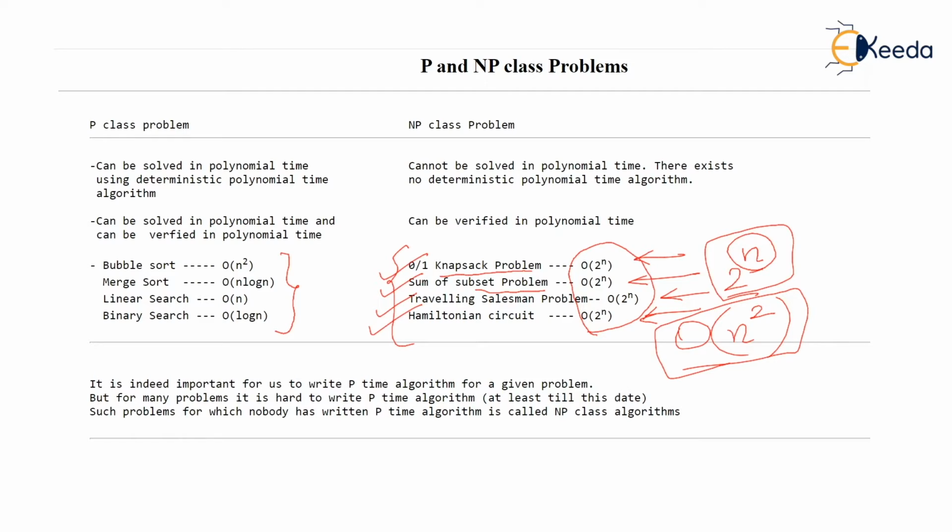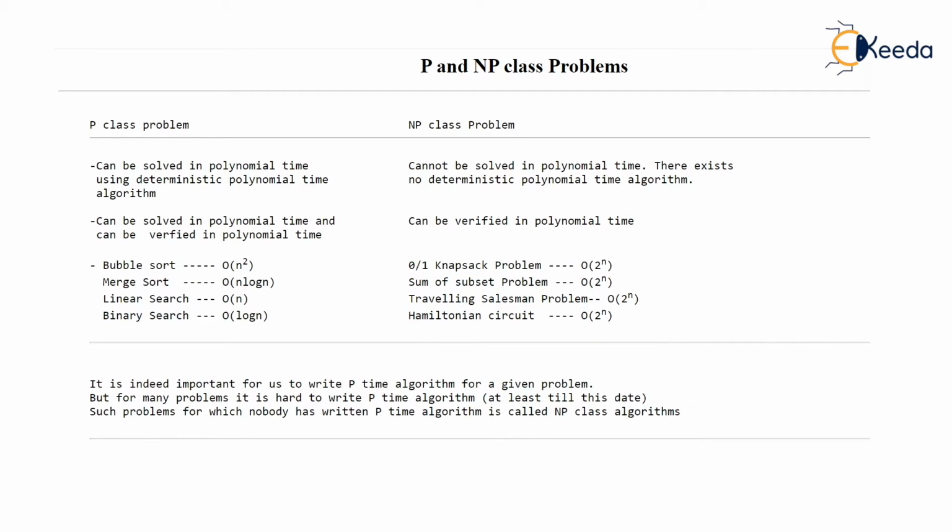The time complexity of 0/1 knapsack, if you use the dynamic approach, recall the dynamic algorithm for 0/1 knapsack we saw in the earlier video in the dynamic algorithm chapter, was order of 2^n. This is too bad actually. This is very bad. What I mean by this is that the algorithm is taking a lot of time, isn't it?